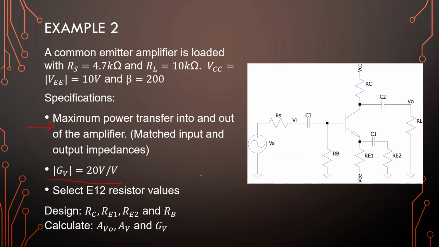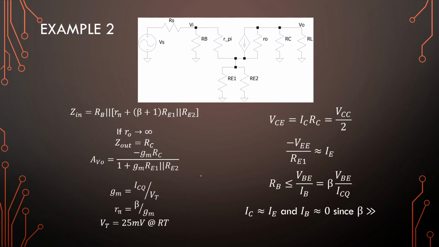So let's jump into the solution of this problem. So first off, again, writing down all the equations. Increased input impedance and our gain with a parallel combination of the emitter resistors down here is important to remember.